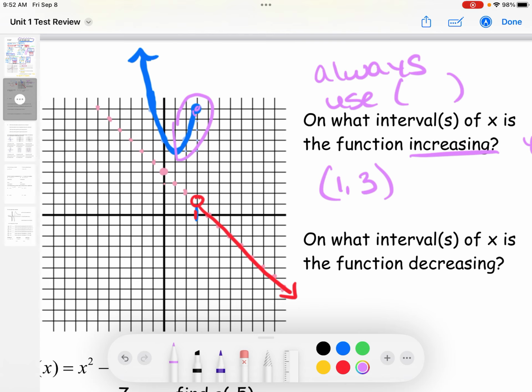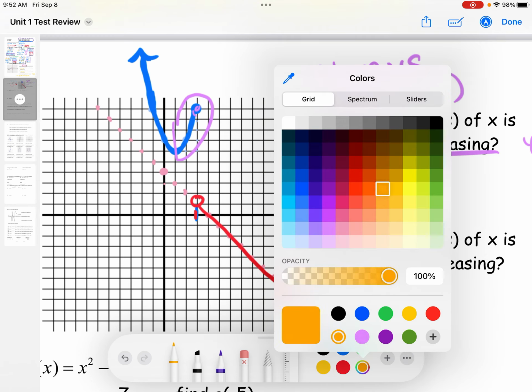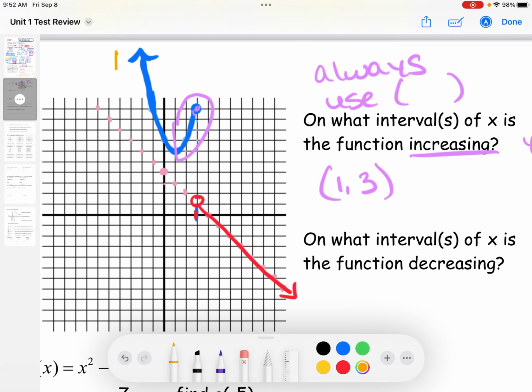Intervals of increase, decrease. Then it also asks where that function is decreasing. If we start here on the left, it does decrease right here. So that's from -infinity to 1.